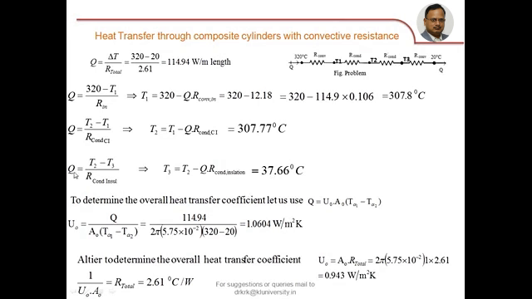The other equation to determine this Q is U A delta T. By using Q equal to U_o A_o delta T, you can also calculate the U_o value, Q by A_o into delta T, that is 1.06 watt per meter square Kelvin. You can also find the overall heat transfer coefficient U_o by using the formula 1 by U_o equal to R total into A_o, or U_o is 1 by A_o into R total. You can determine this U_o.